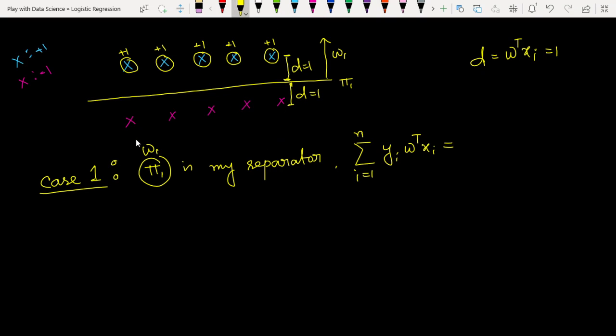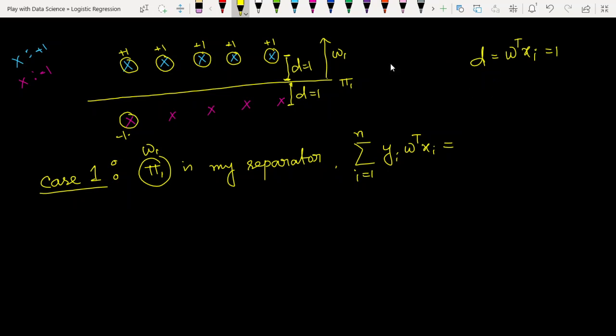So what is this distance? This distance is negative, and this one is also on this side of the plane, and actually this is also correctly classified, and this is also correctly classified, so this is also minus 1, and the distance is also minus 1.